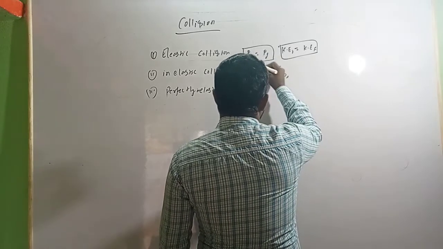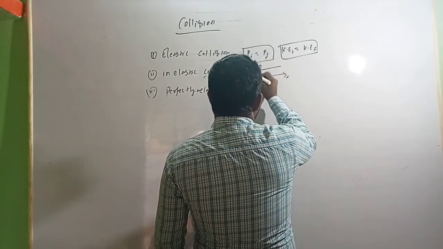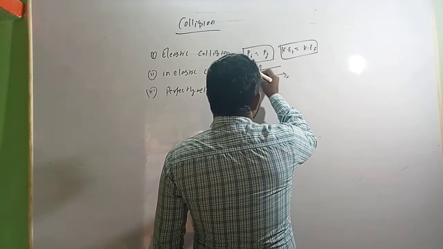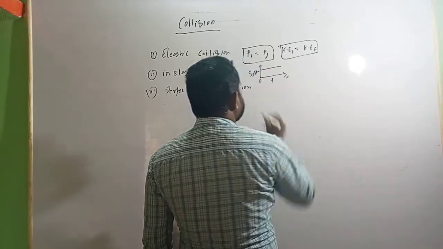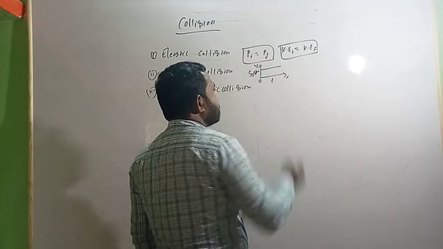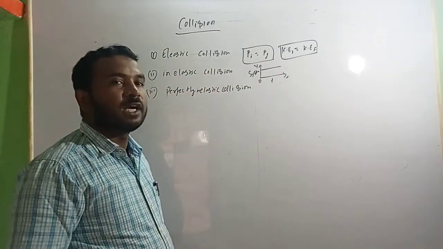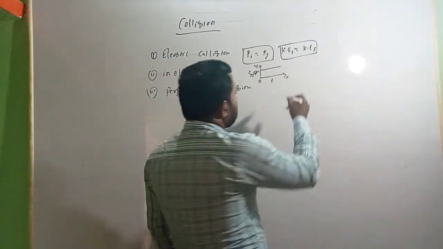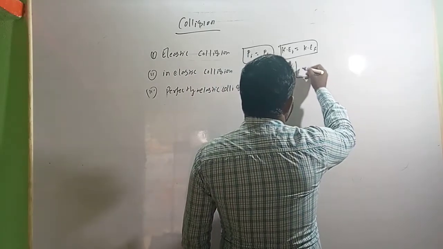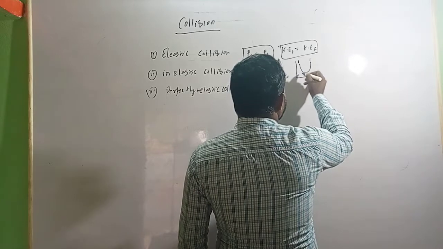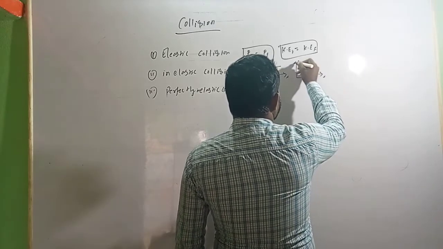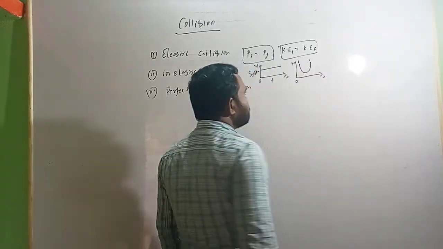Suppose you take the x-axis, y-axis and the system. This is the time taken, and you take the origin. This is the y-axis. Such a graph you can plot. And for the kinetic energy, sometimes what happens is that initial and final, you take x-axis, y-axis and origin.